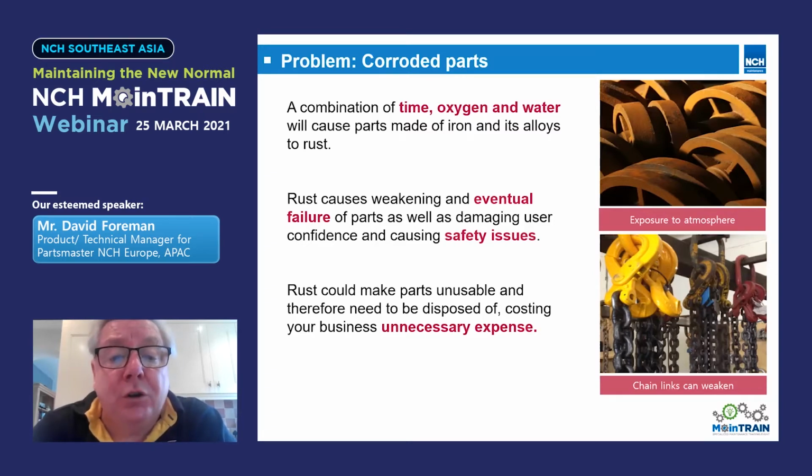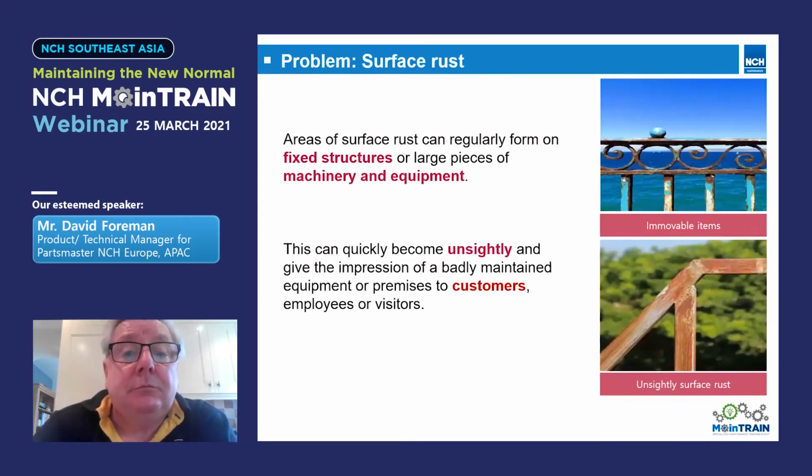And rust makes parts unusable, and then usually you need to dispose of them and replace them, costing your business unnecessary expense, because if you have a rust and corrosion preventative program, this can be prevented from occurring.